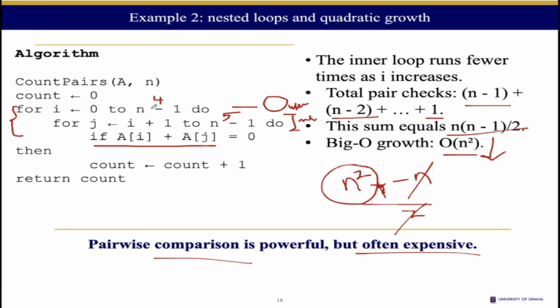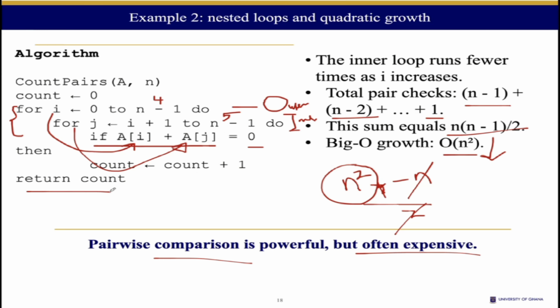So the inner loop depends on the outer loop. That's what it's trying to do when it comes to most of these loops. But when we get here, because we are checking a of i, so a of i is this array here, this first loop is coming to this guy, and this second loop is coming to this guy. So when we check, we add and see if it is equal to 0, then we increase the counter by 1, store it in count and return count.